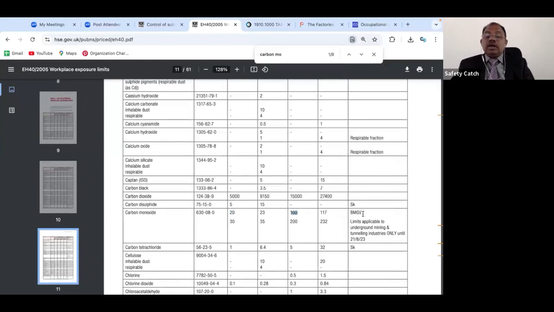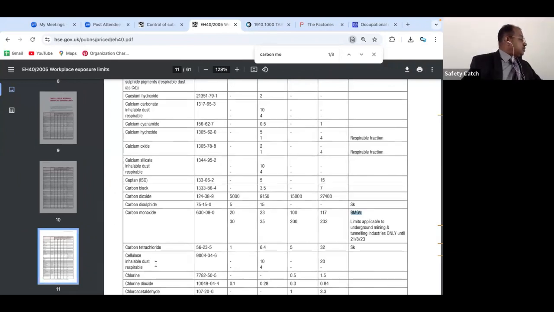And they are saying there is some biological index, some effect, for which you have to refer to another table. So these values we got, you all please note them down, because I am going to do some problem based on this. So carbon monoxide, LTEL is 20 ppm, don't take milligram per meter cube, we'll say only 20 ppm, and 100 ppm STEL as per EH40.